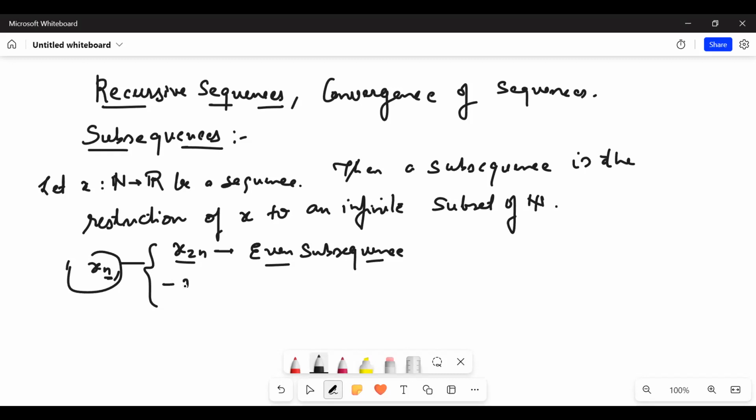This is the parent sequence. Let us say I restrict my sequence such that it only contains odd labels. So this is called the odd subsequence. In general, these are a few examples of subsequences.